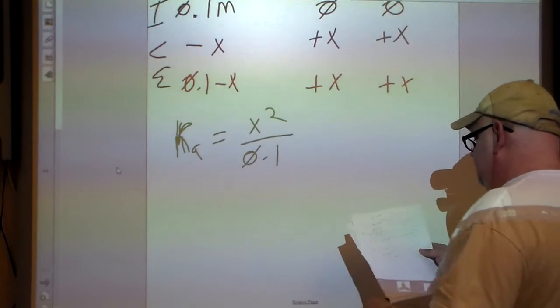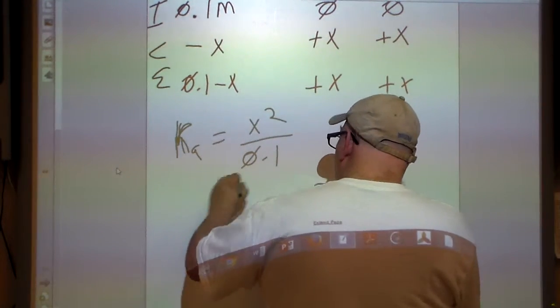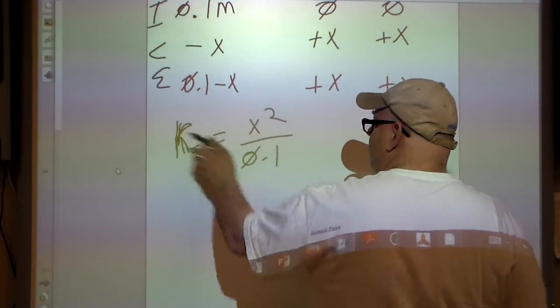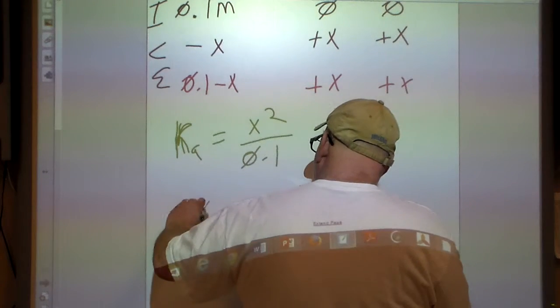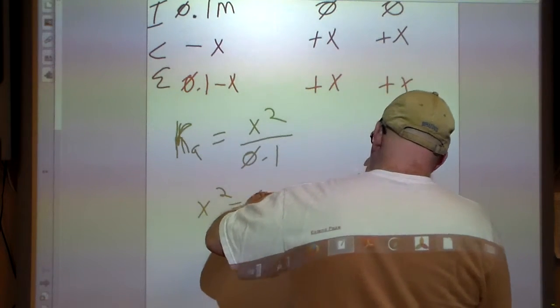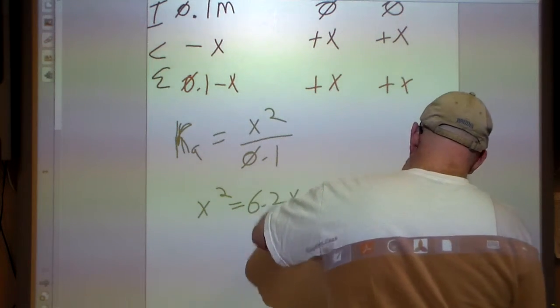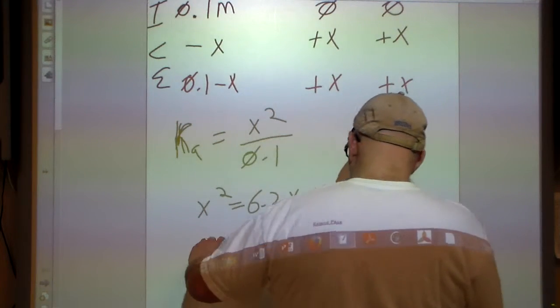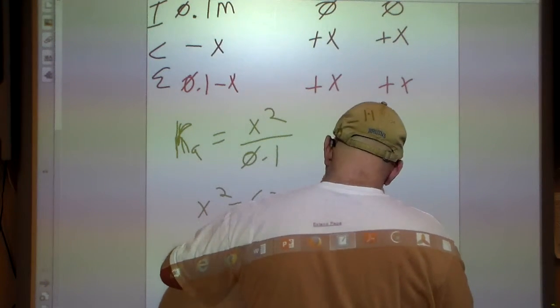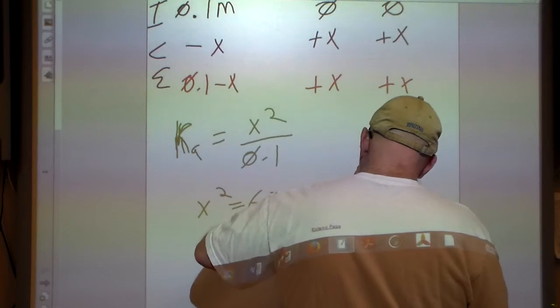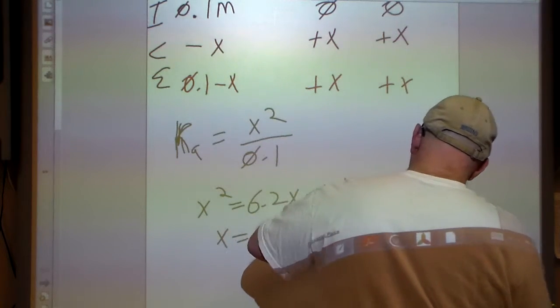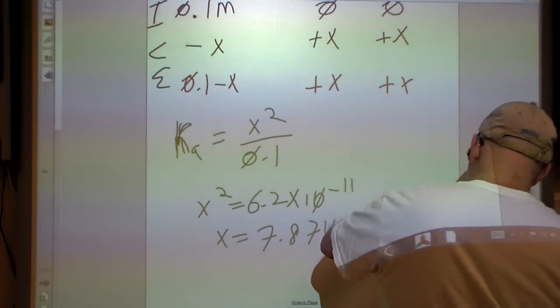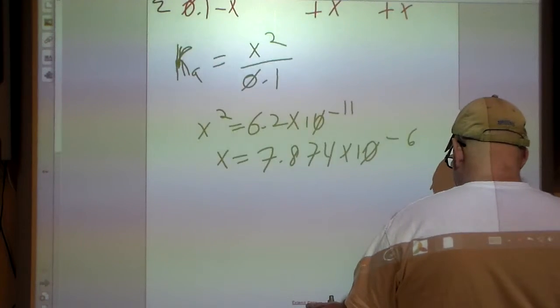I have to speed up here, so multiplying both sides by 0.1, we get x squared is equal to 6.2 times 10 to the minus 11th, and thus x is equal to 7.874 times 10 to the minus 6th.